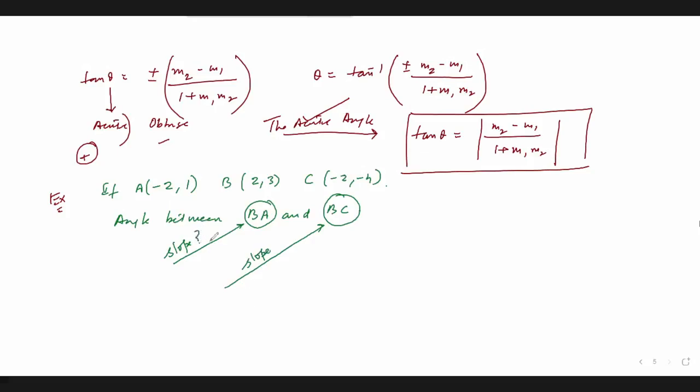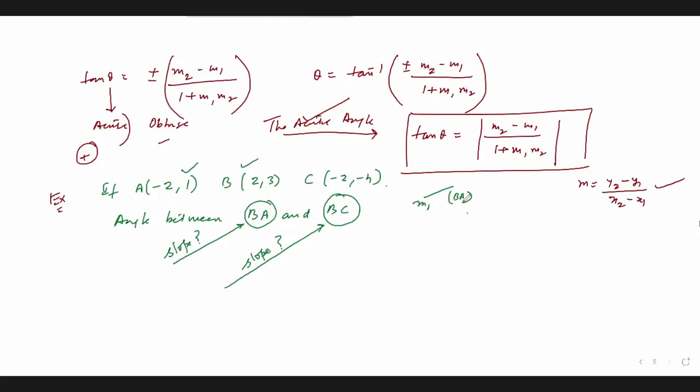The coordinates have been given, so I will find the slopes. Let us find M1, the slope of BA. We know the coordinates, so I will apply my formula: m equals y2 minus y1 divided by x2 minus x1.